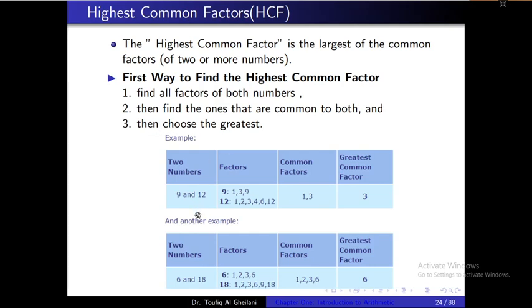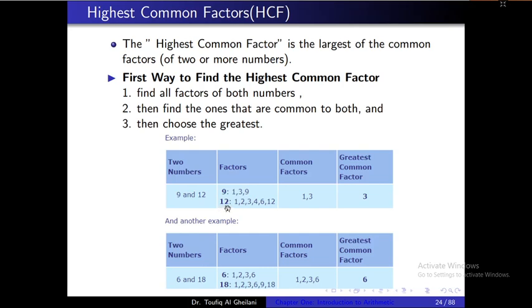For example, what's the highest common factor of 9 and 12? Firstly, find the factors of both numbers. The factors of 9 are 1, 3 and 9. Why? Because 1 times 9 we get 9, and 3 times 3 will give us 9, but we write it one time.